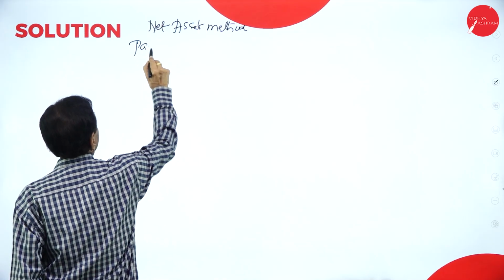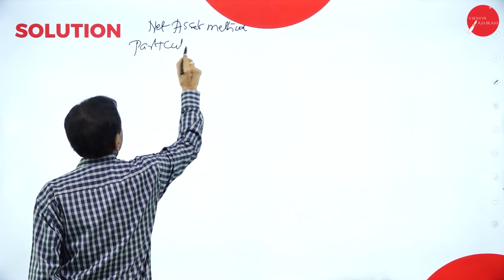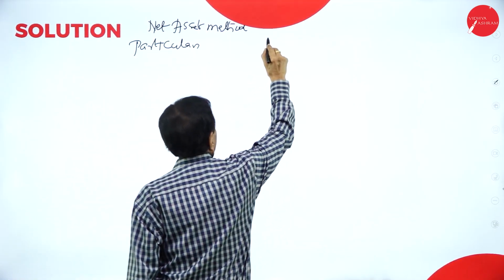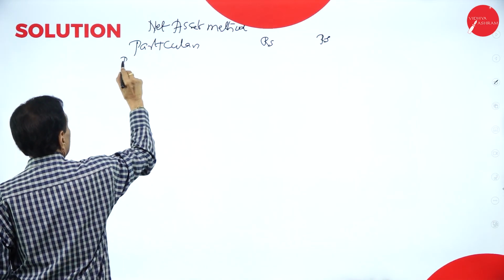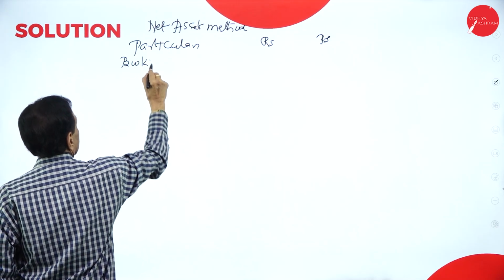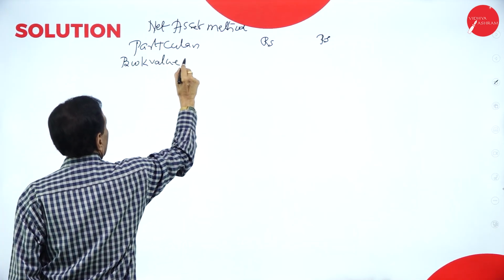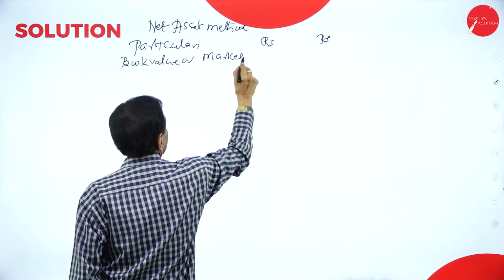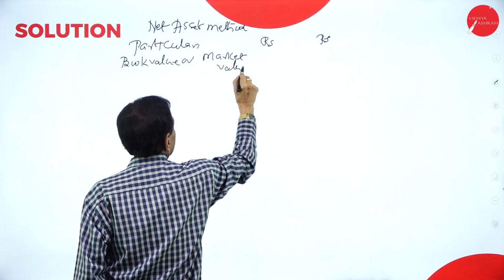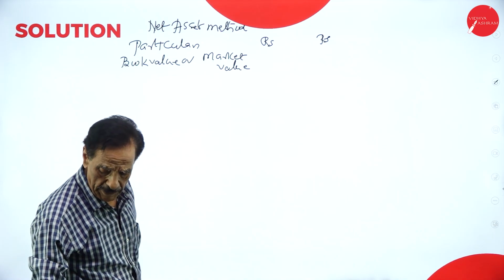Particulars, rupees, book value or market value. Come back one by one.